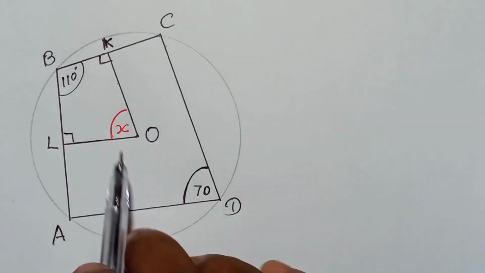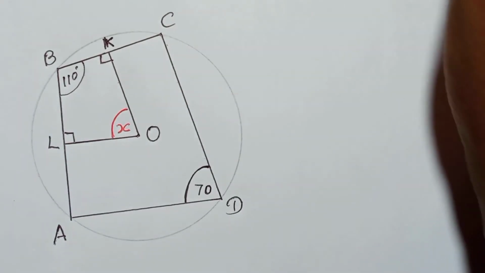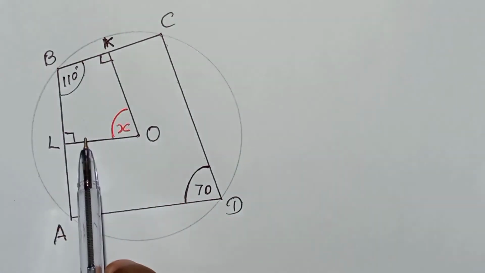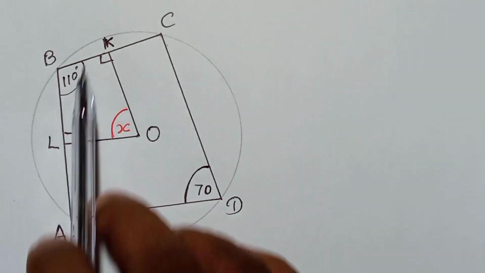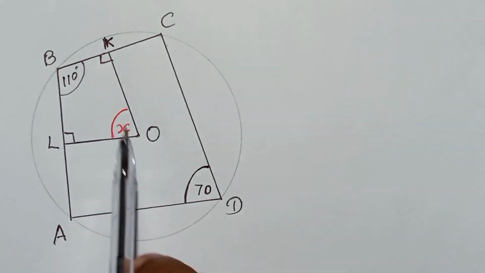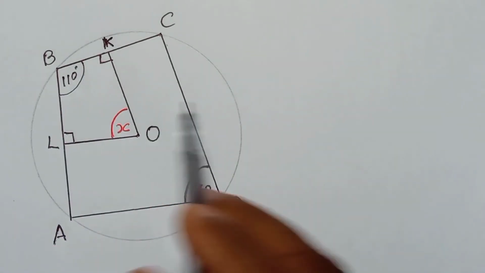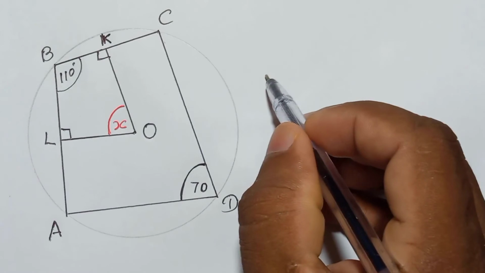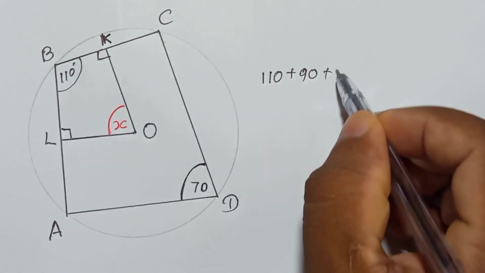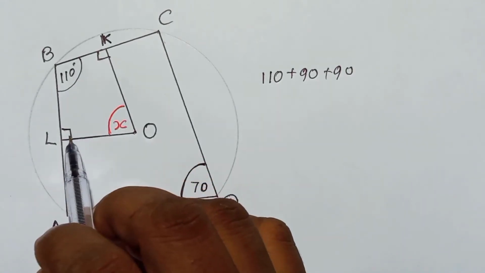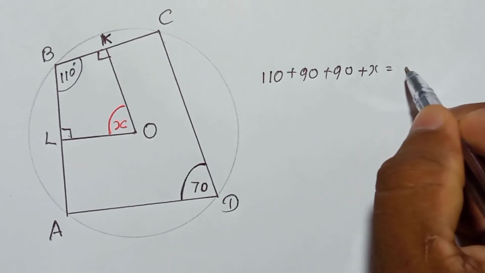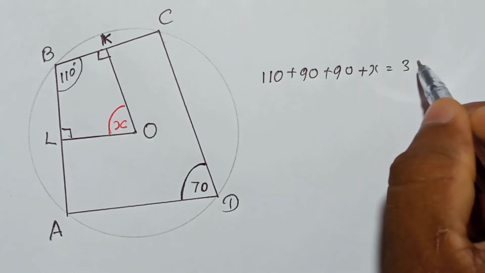Okay, now you can find x, because here BKOL is a quadrilateral. That means all four angles must add up to 360. So you can write it this way: 110 plus 90 plus 90, that means this angle plus this angle plus this angle plus x must be 360, right?